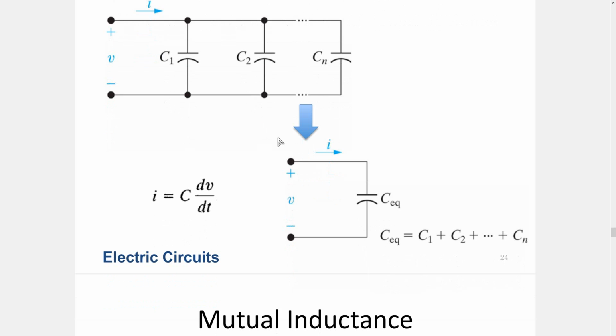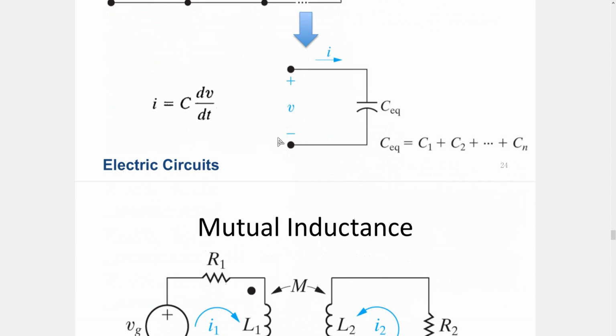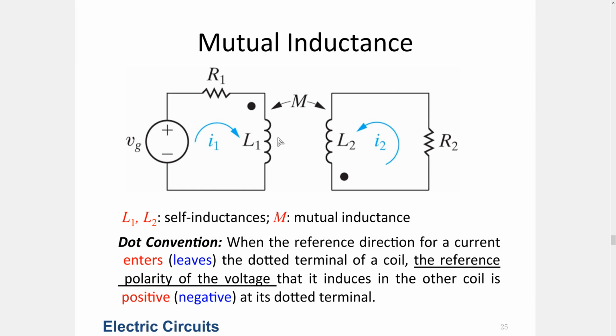After this, let us talk about the mutual inductance. This is something interesting. Now we can have different inductors, and we also know that the inductors store energy in the magnetic field. The magnetic fields can interact with each other if the component inductors are physically placed close together.